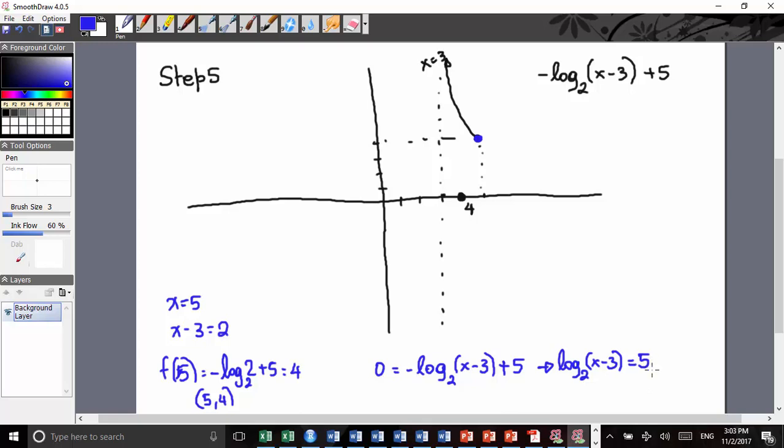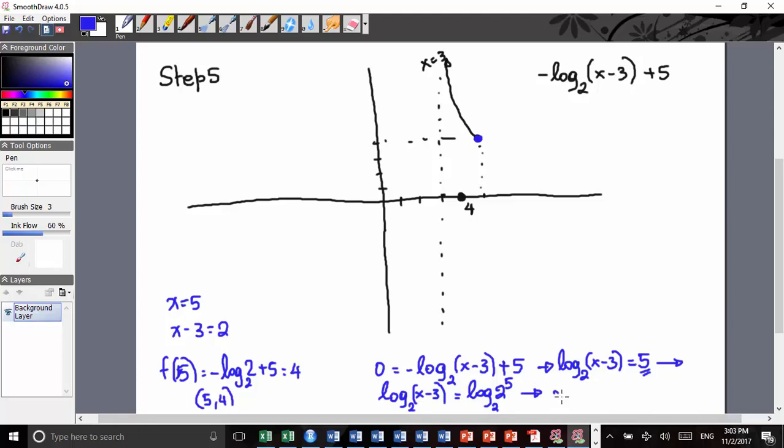Remember, in order to solve logarithmic equations, I need to have logarithms on both sides with the same base. So I need to rewrite the number 5 as a log with base 2. So 5 is going to be the exponent of 2 such that 2 to that exponent is equal to 5. So basically, I need to rewrite the right side, instead of 5, as log with base 2 of 2 to the 5th, because this is nothing else than 5.